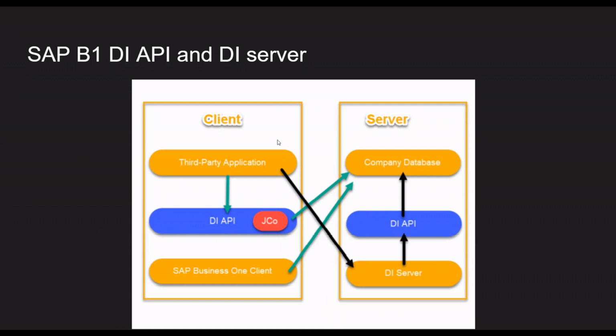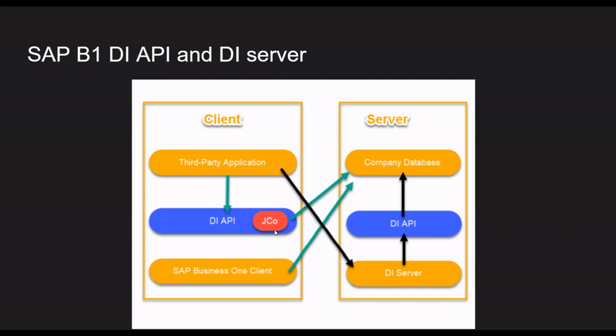This is how the client-server architecture looks for the DI API. It provides objects and methods like add, update, delete, and all those basic methods to work on the data level. Installing the SAP Business One client application is not required if you are only going to work with the DI API.